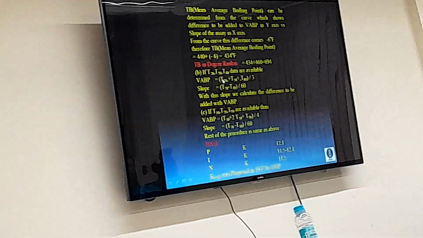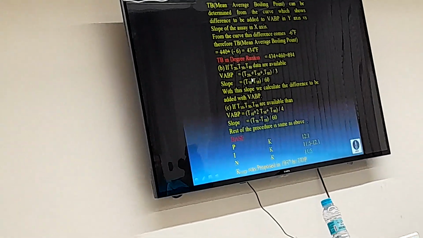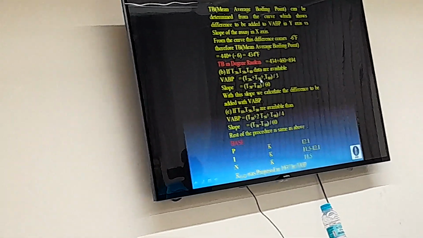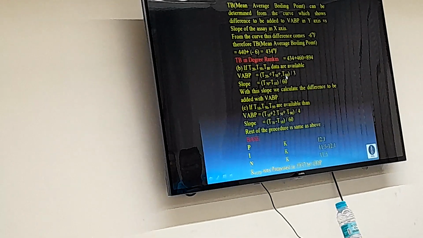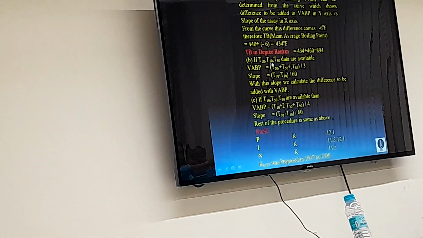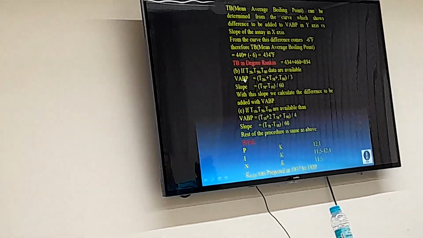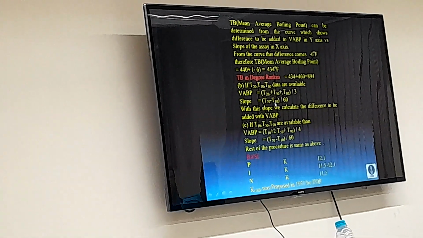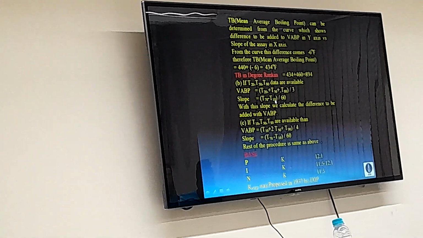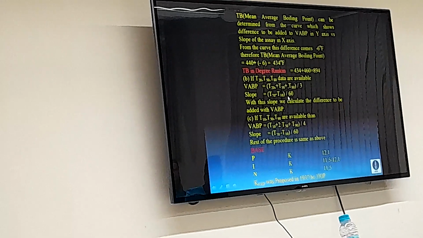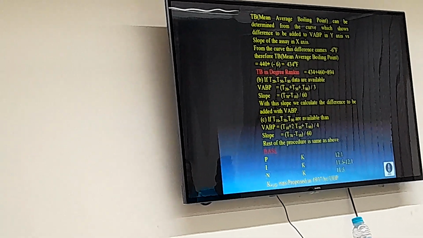For product, there are two methods. Either you take T20 data, T50 data, T80 data divided by 3, you will get the volume average boiling point, and slope is T70 minus T10 on 60. This is for product.